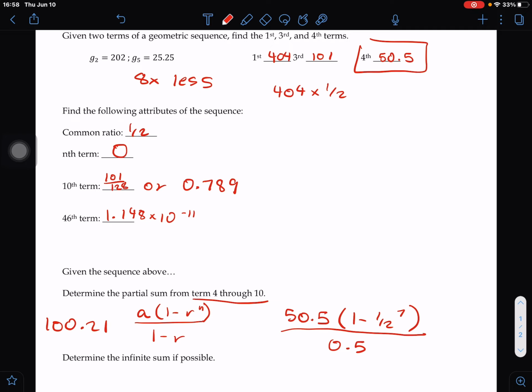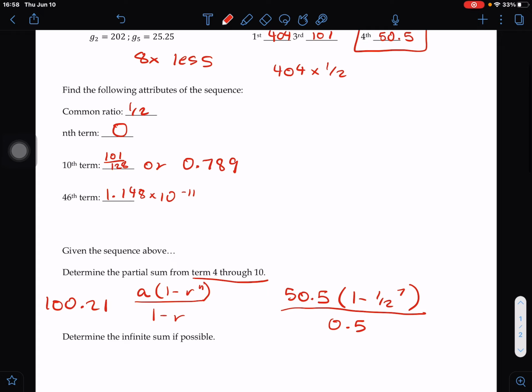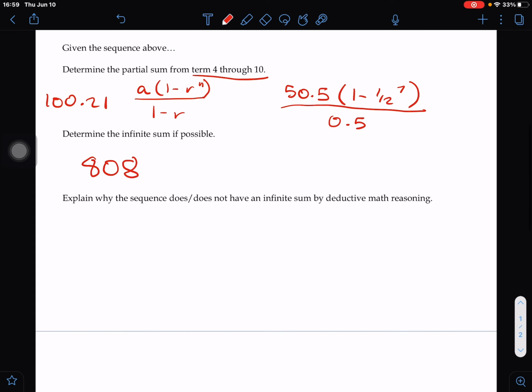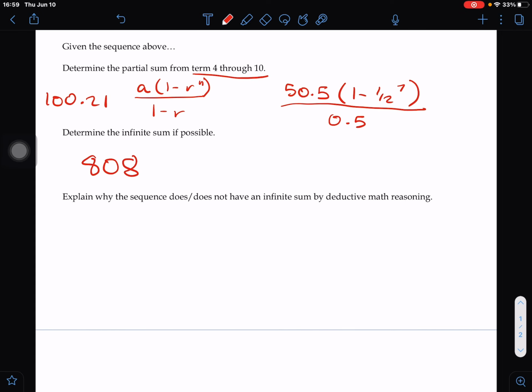So we approach 808 because it's 404 times 2. So our infinite sum is going to be 808. It never actually reaches 808, but it gets infinitely close. I guess you could say that's the asymptote.